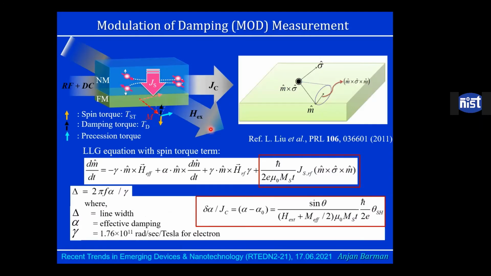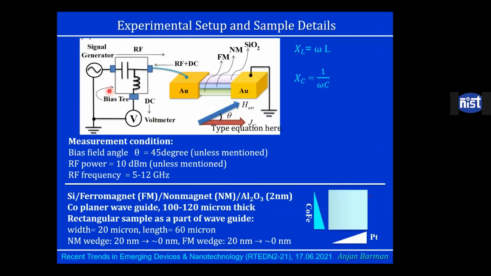Similarly, from the modulation of damping, as I mentioned before, one can do that, but here you need an RF and DC component of current. So this is the measurement procedure.